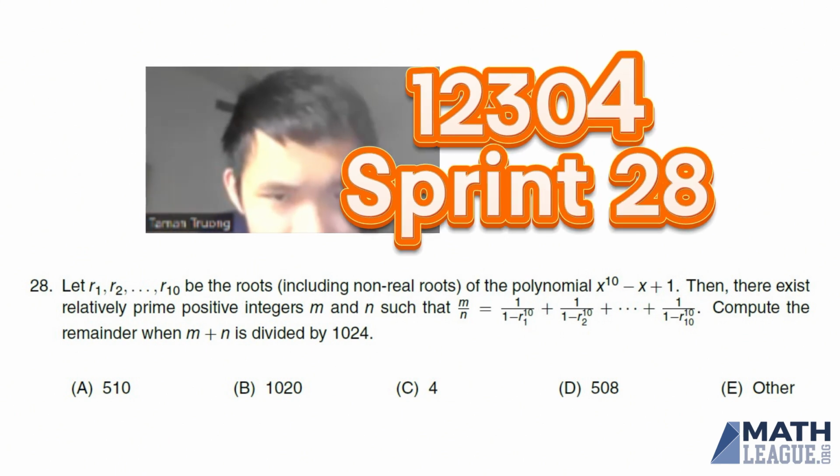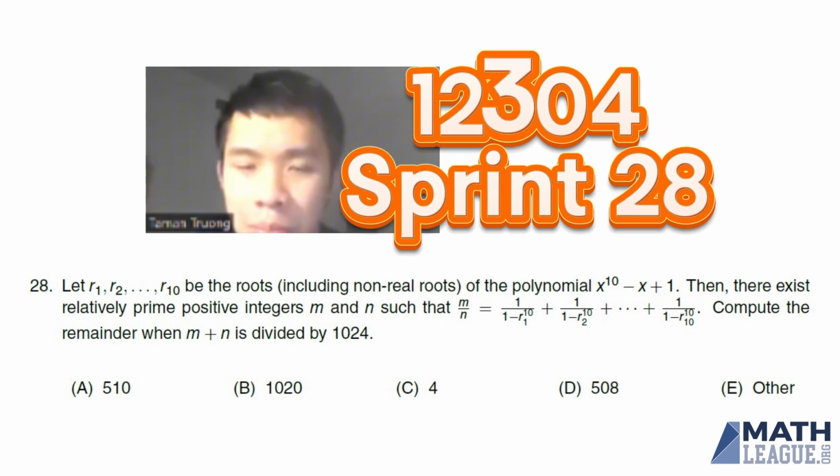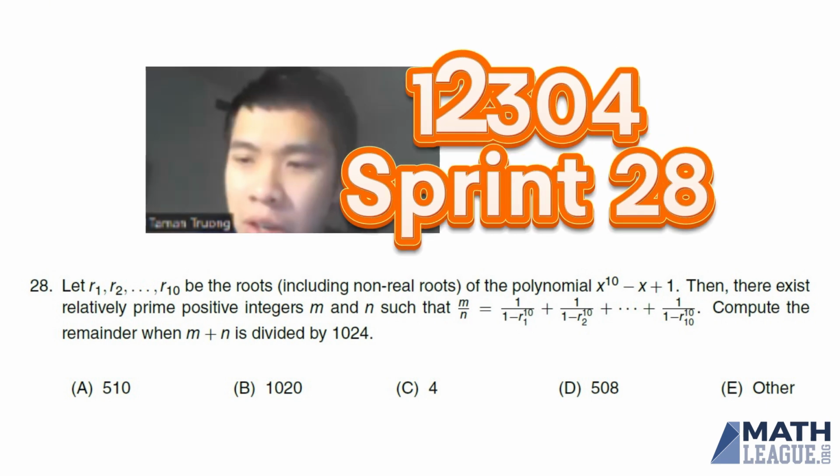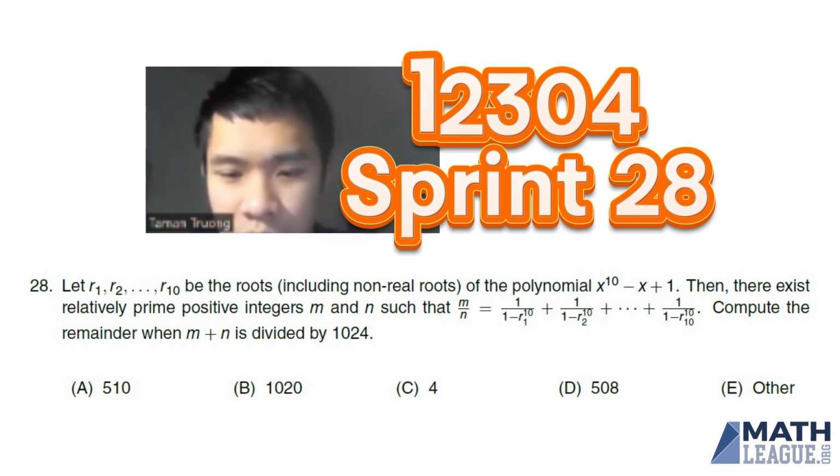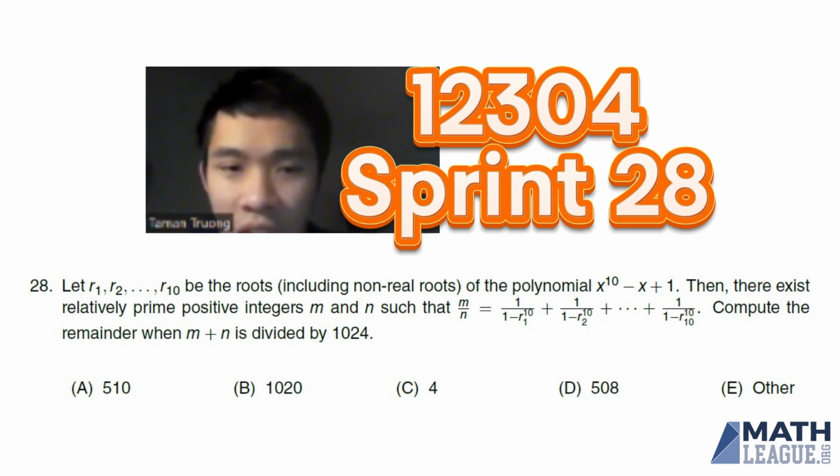All right, so this sum looks kind of scary because we're summing basically reciprocals of 10th powers, which is not very pleasant, but maybe we can use some properties of polynomials in relation to roots. Let f of x be x to the 10th minus x plus 1.